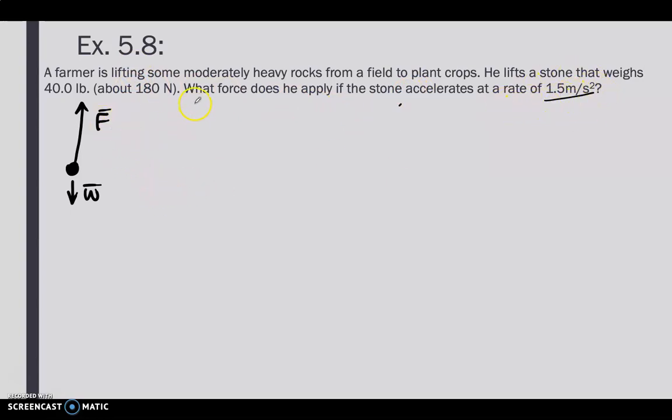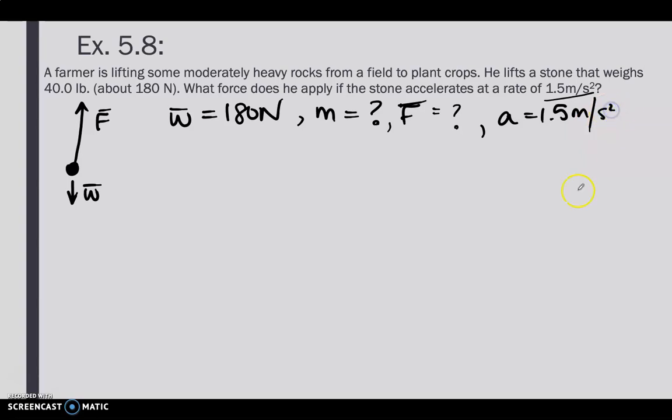Our weight is 180 newtons. We want to know the force. We know its acceleration, but we don't know the overall force, so we need to figure out the mass of the rock. Then we can find the force required for the acceleration to be 1.5 meters per second squared.